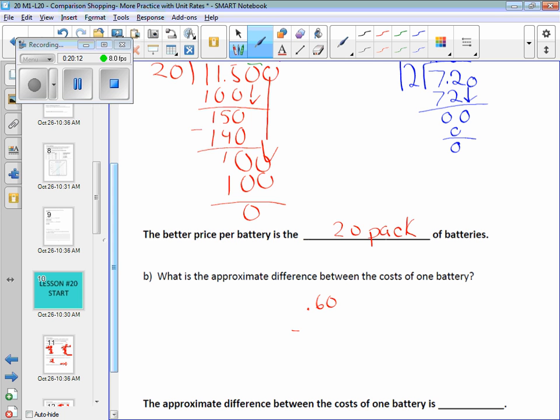You got to round it. Make it simple. 57.5, 0.575, yeah, 0.58. And the difference is 2 cents. All right, we will finish it up after lunch. Well, after period 4 and 5.